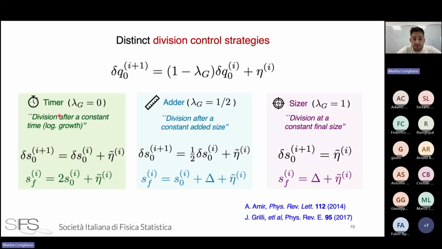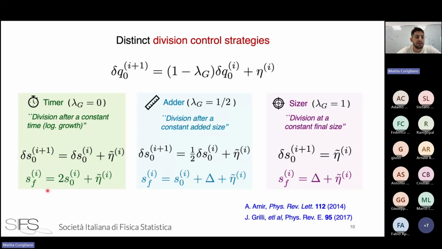Okay, so this lambda g is a crucial parameter in this kind of model. And of course, it can assume any value between 0 and 1. But typically in this theory, three prototypical values are considered because they have clear interpretations, which are 0, 1/2, and 1, and are respectively called timer, adder, and sizer division strategies. So for a timer, lambda g equal to 0, this corresponds to a strategy in which division occurs after a constant time, or a constant logarithmic growth.